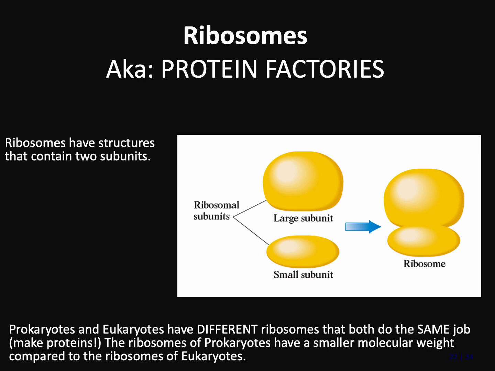And make sure you keep in mind that prokaryotes and eukaryotes do have different ribosomes that do the same job. Prokaryotes have a smaller molecular weight ribosome compared to eukaryotes, but just know they both have ribosomes. All living things need to make proteins, but they are slightly different in terms of their molecular weights.